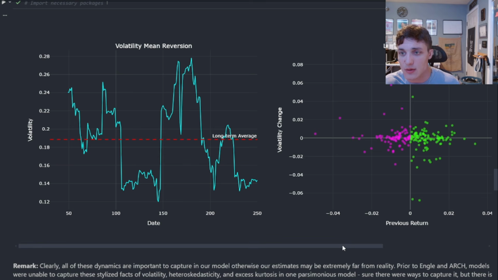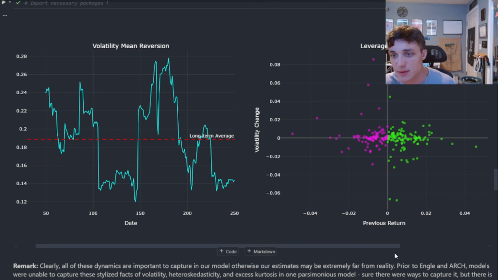You can also see the leverage effect to some capacity here. If you look, you can see the volatility change and the previous return. And on the positive side, you can see what? We see declines that are maybe minus 0.06 versus the negative return, which has an increase of 0.08 at the max there.